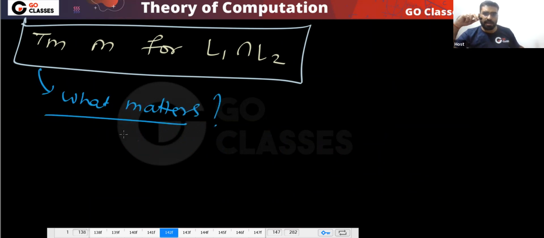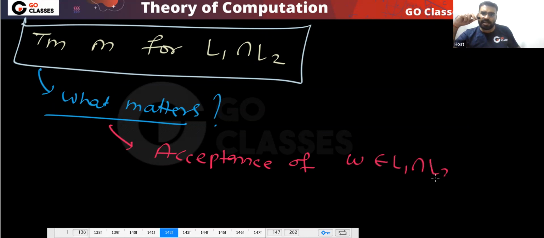Halting and acceptance of members of L1 intersection L2 matters. Acceptance of W belonging to L1 intersection L2, acceptance of these strings matters.